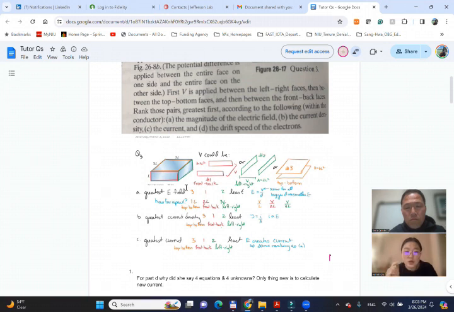but it says greatest current density, and her reasoning was J is equal to I over A, so the current density is equal to the current divided by the cross-sectional area.